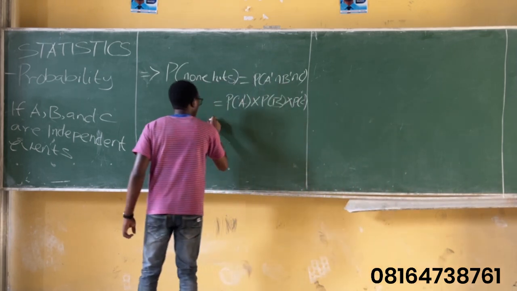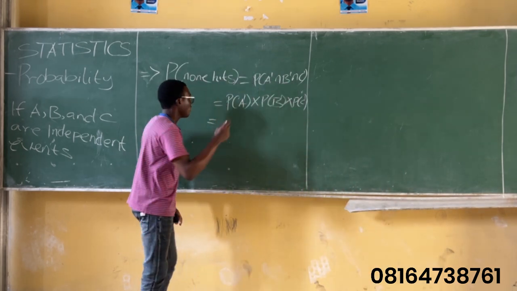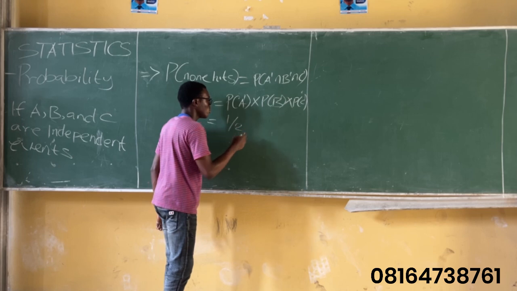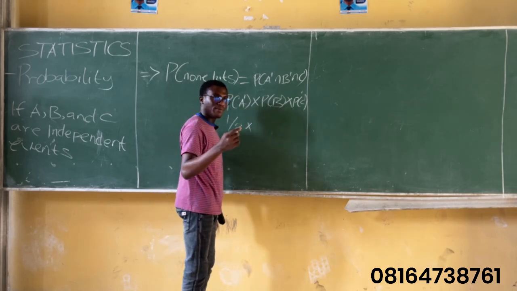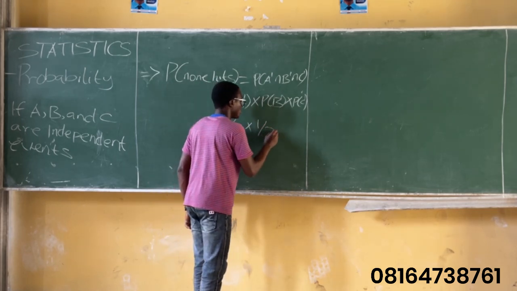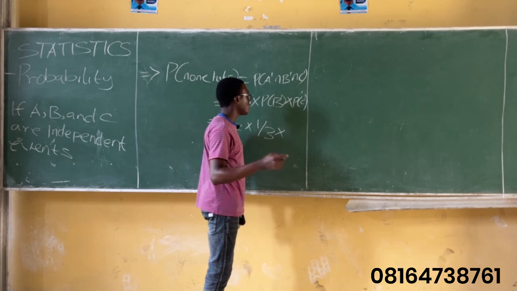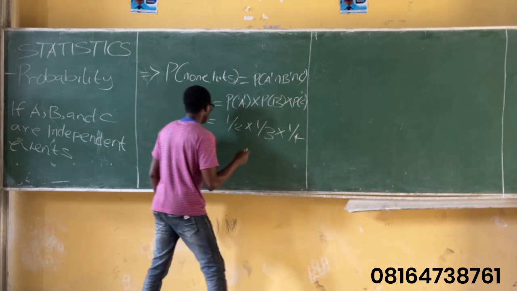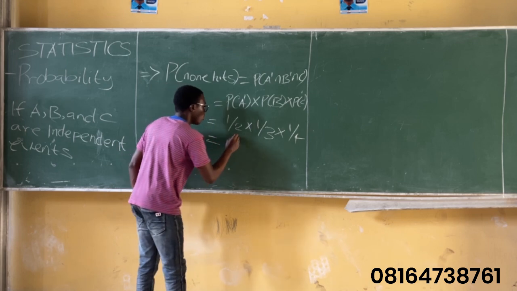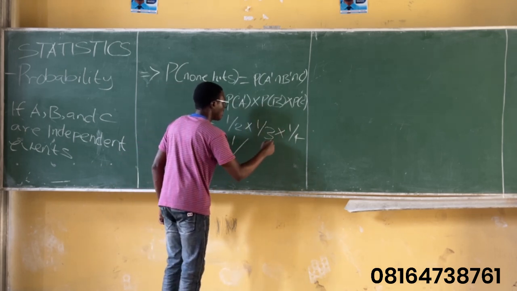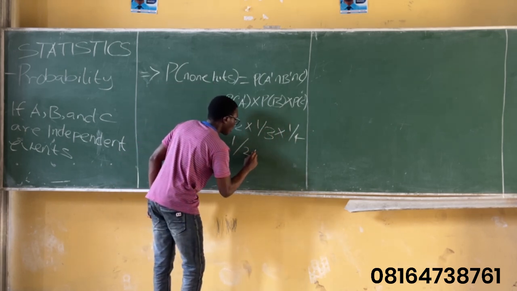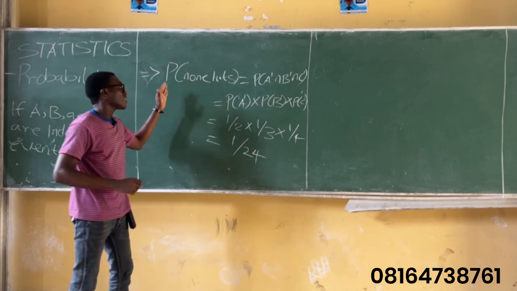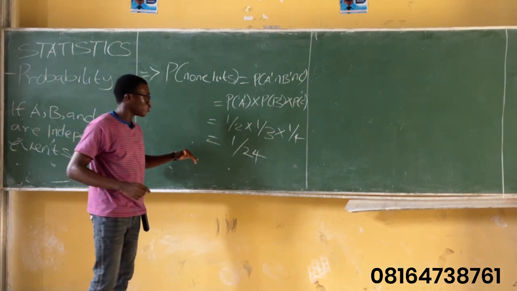Now, this is going to be equal to our value for the probability of A prime, which is 1 over 2, multiplied by the probability of B prime, which is 1 over 3, multiplied by the probability of C prime, which is 1 over 4. So all of this is equal to 1 over, 3 times 4 is 12, 12 times 2 is 24. So the probability that none hits is equal to 1 over 24.